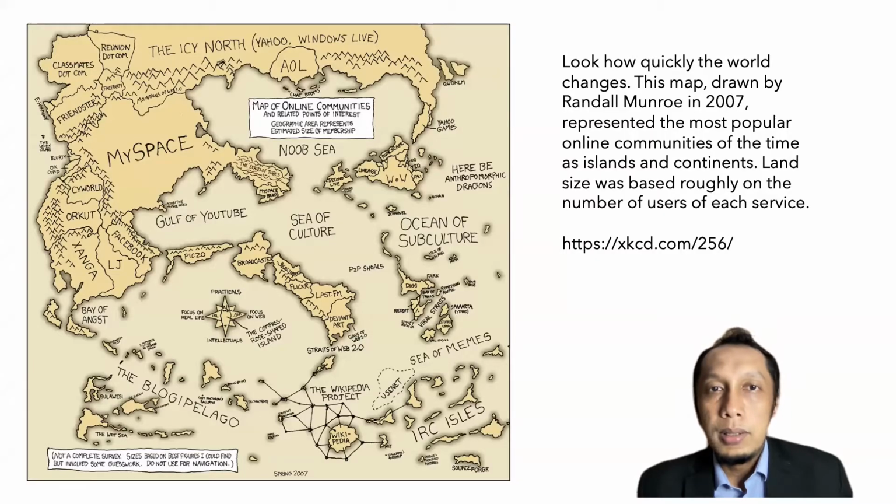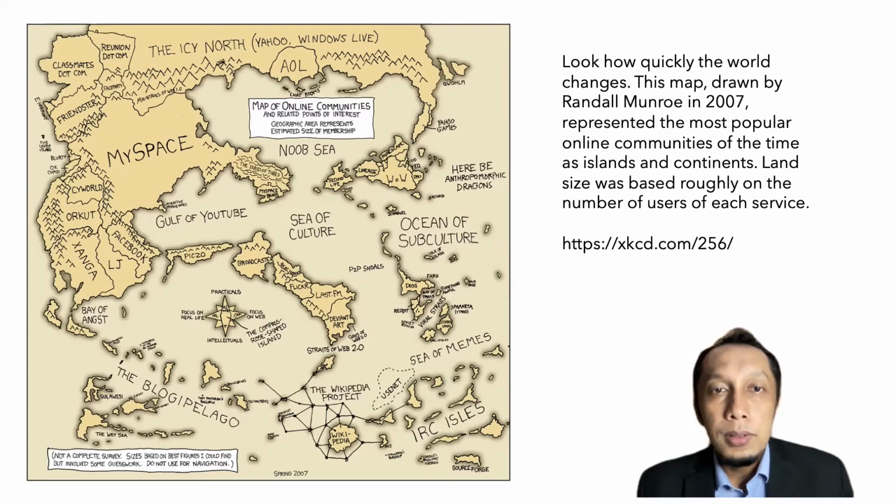So what makes digital technologies unique? If you look at this map, this was a map drawn by Randall Munro back in 2007. The map represented the most popular online communities back then as islands and continents, and land size was based roughly on the number of users of each service.